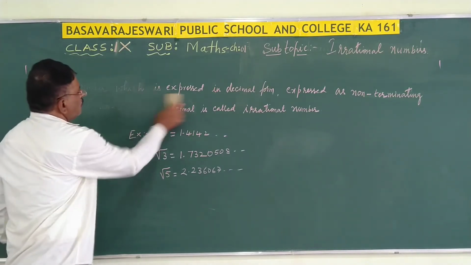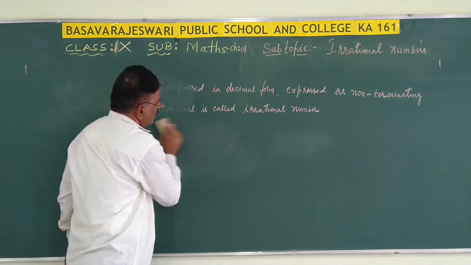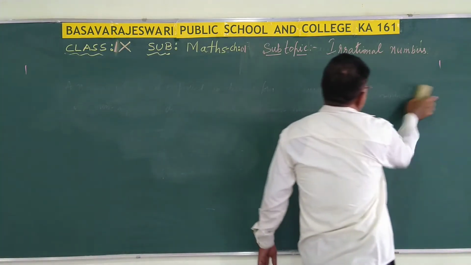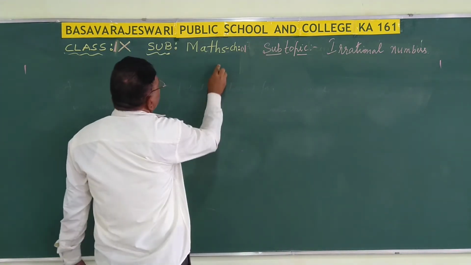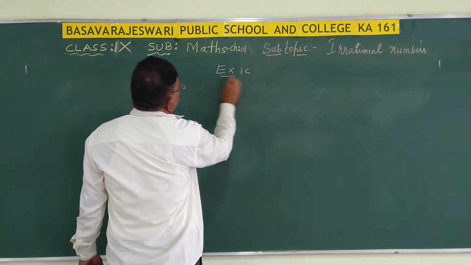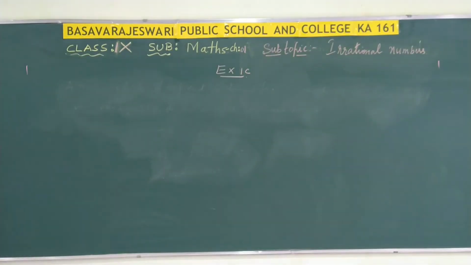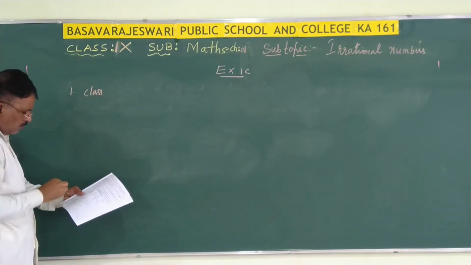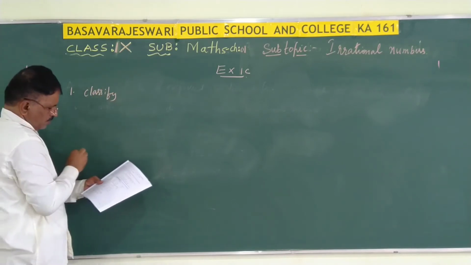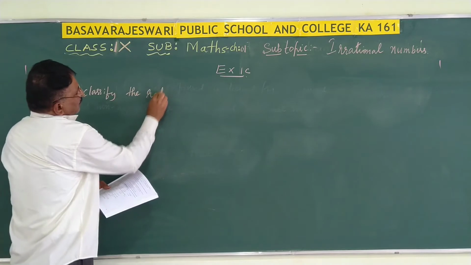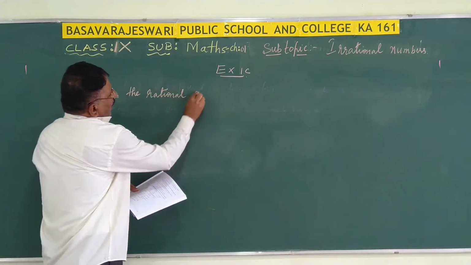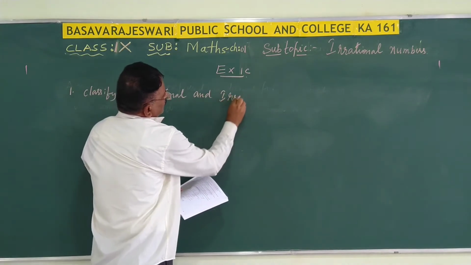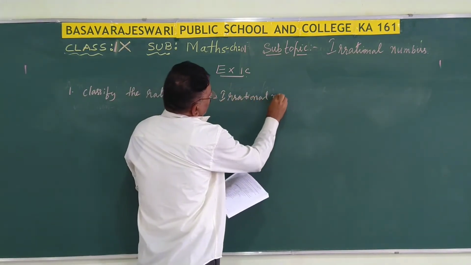Okay, we'll continue with exercise 1C. It tells us to classify the rational and irrational numbers.